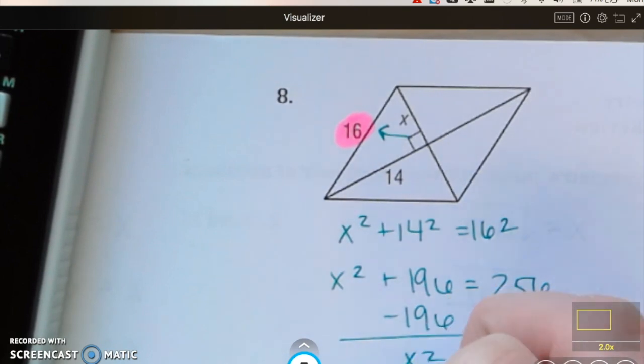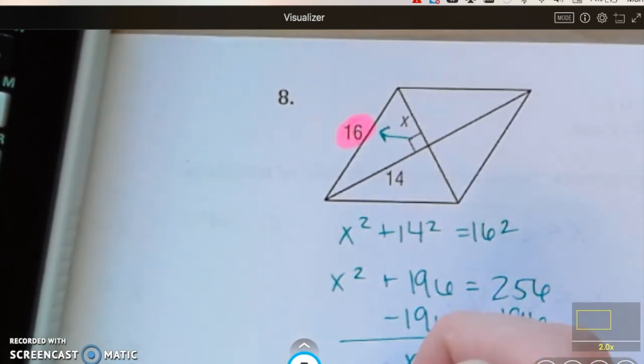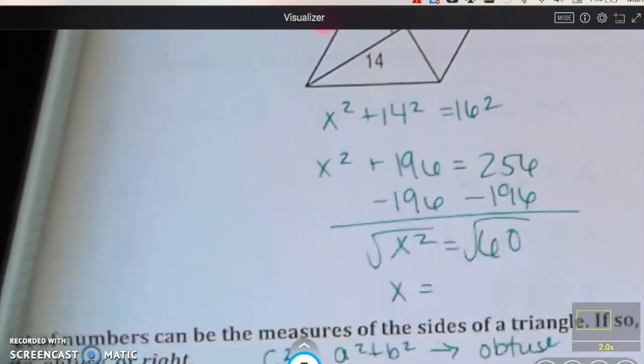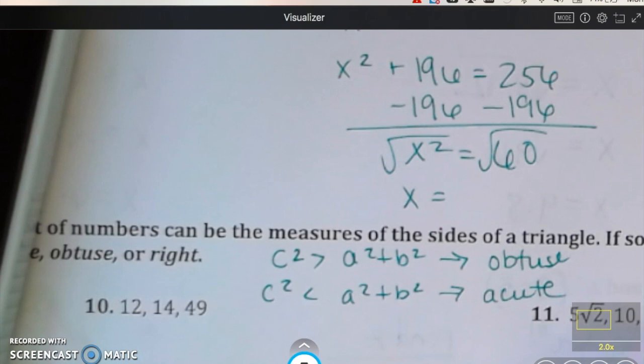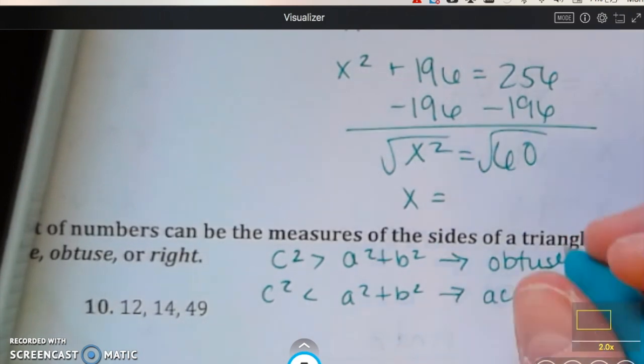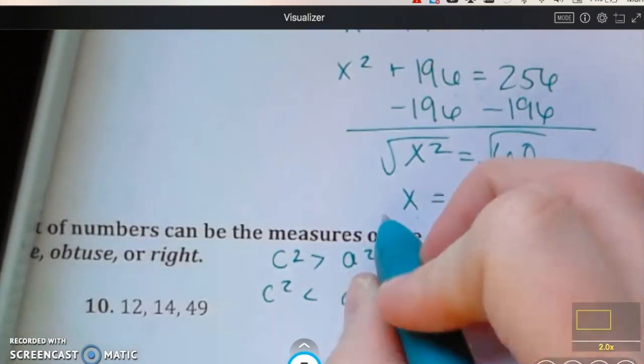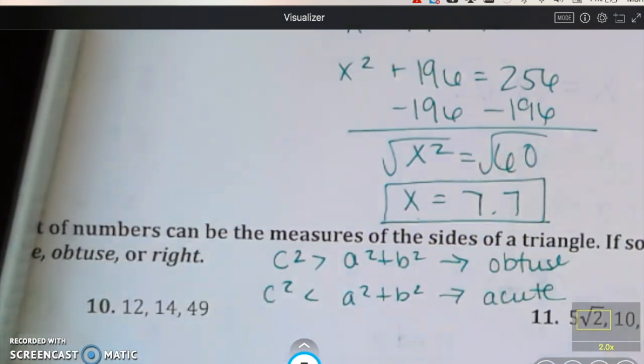Minus 196, I get x squared is equal to 60. Taking the square root of 60 gives me 7.7. Wonderful.